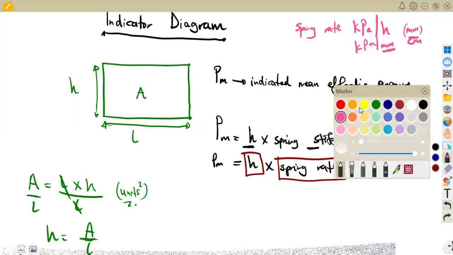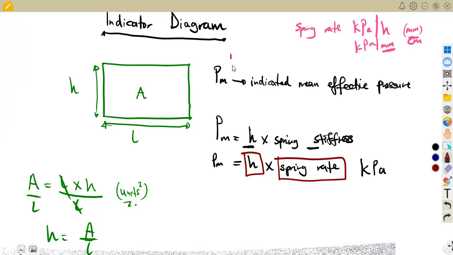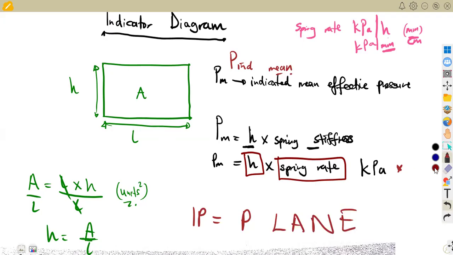Remember, we were writing this in our formulas as P indicated mean. This is the same mean effective pressure that you're talking about, so you can write P indicated mean. Thus, if we have this, remember, we can calculate the indicated power also from there. From our formula sheet, we have this formula for P indicated mean.